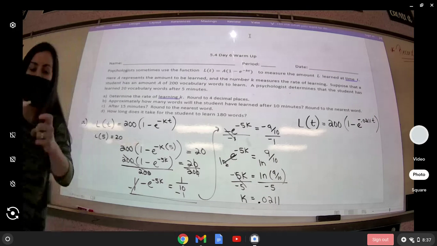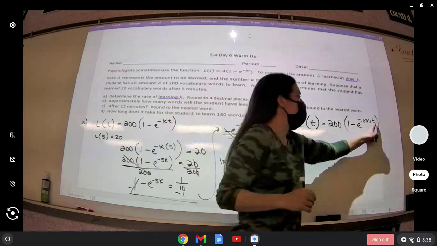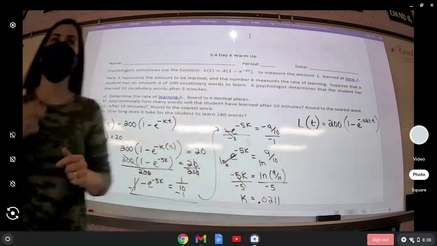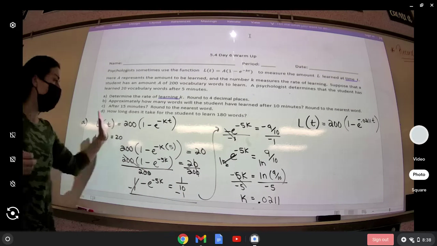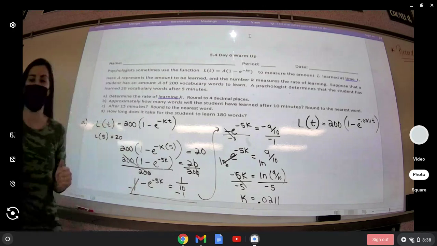That is the formula we are going to be able to use now. So now, when a time goes in, an amount learned will come out. So guys, we had to do all of this just to get a usable k value for that formula.